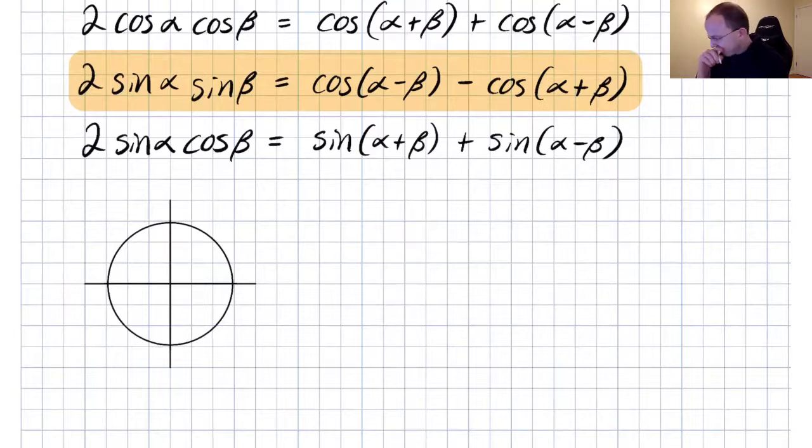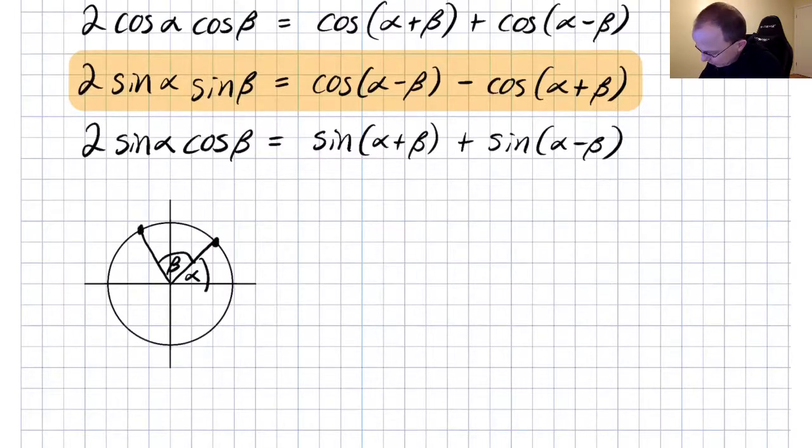Okay, so what is the idea? So if we want to rotate by an angle, say this is alpha and then this is beta. So how can we go from this alpha angle to this beta?